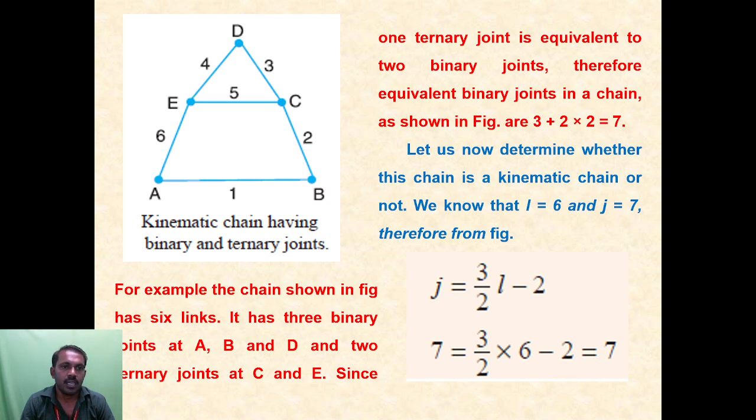So C and E is considered 2, 2 to 4. So A, B, C and A, B, D, 1 and 1. So totally 7 joints and 6 links A, B, C, D, E. We apply all these values here and get the kinematic chain value, which is 7.